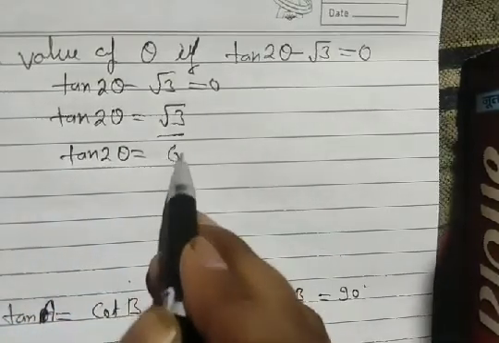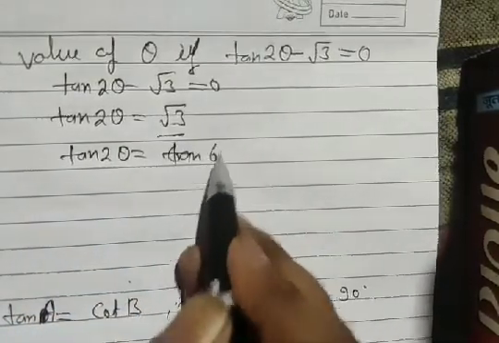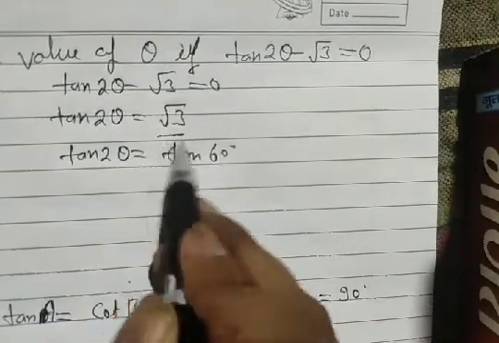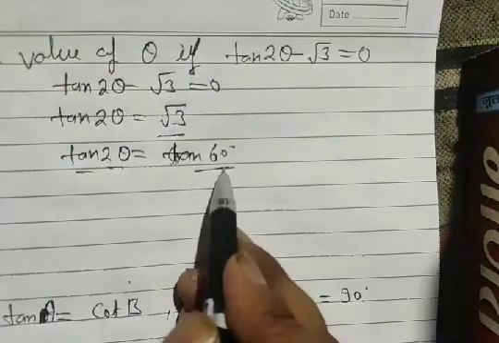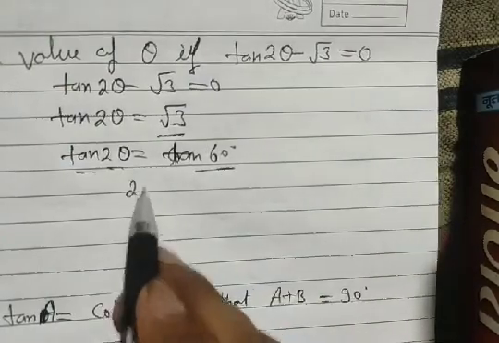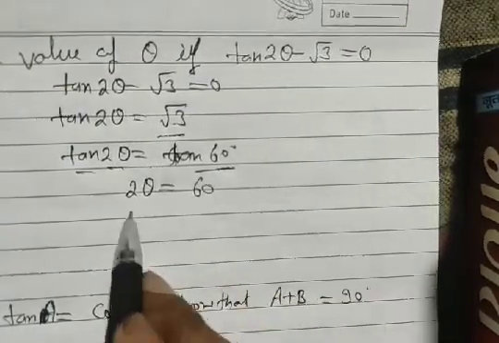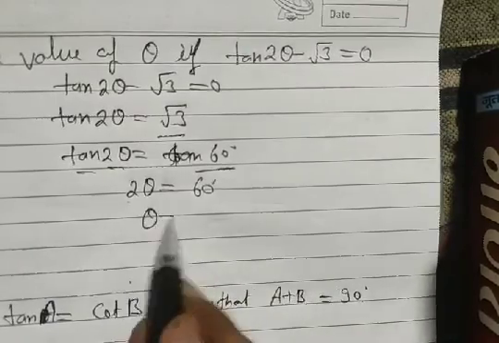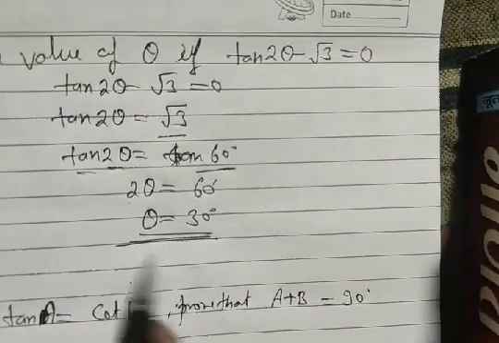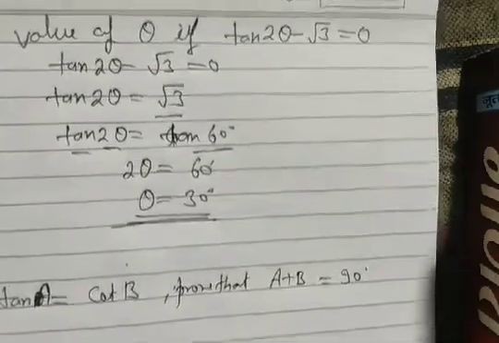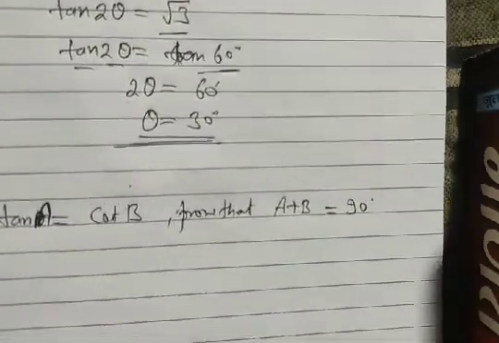We get root 3 when it's tan 60 degrees. The value of tan 60 degrees is root 3. Now tan theta equal to tan alpha happens when the angles are equal, so 2 theta is 60 degrees, then theta is 30 degrees. We get the value of theta as 30 degrees.